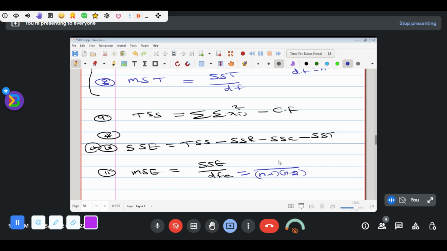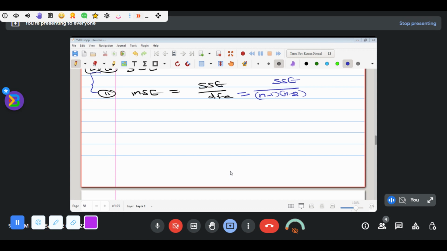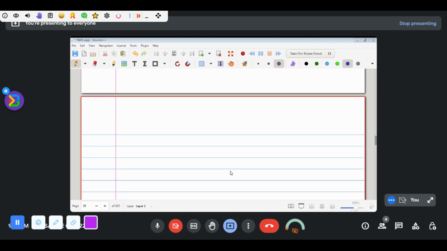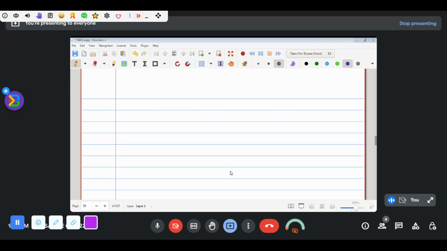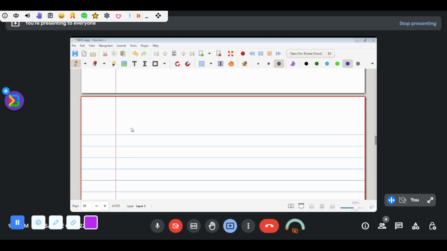In the previous case it was r minus 1 into c minus 1, but here it is n minus 1 into n minus 2. This is a new formula. After completing these 11 calculations, you form the Latin square ANOVA table.